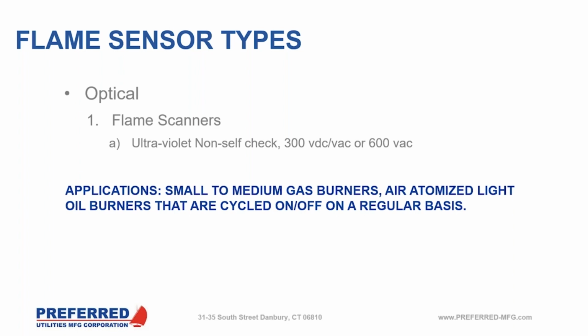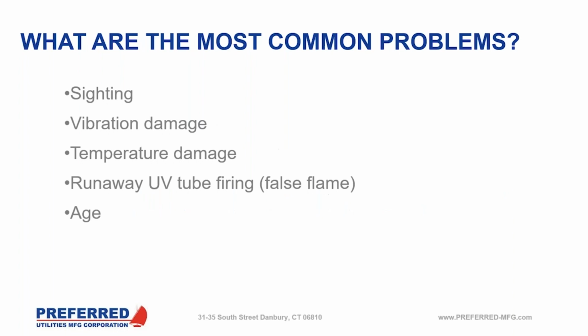That's very key, because these types of sensors, the UV tubes, over time, if they're subjected to enough ultraviolet light for a long length of time, you could have what's called saturation or a runaway tube. And that's going to be telling us we've got a flame even when we don't. So we want to make sure that we apply that product properly on an application that's cycled at least every 8 hours, is my recommendation.